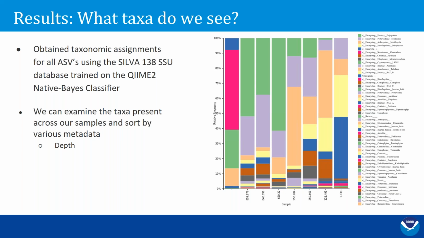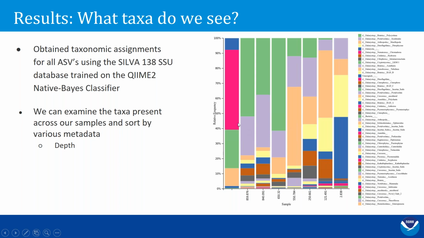So this is one CTD cast, and what you're going to see throughout this is going from left to right across this figure. Don't worry about reading these individual little tiny species assignments. Just know that each block of color corresponds to one type of taxa that we've been able to identify in the sample.